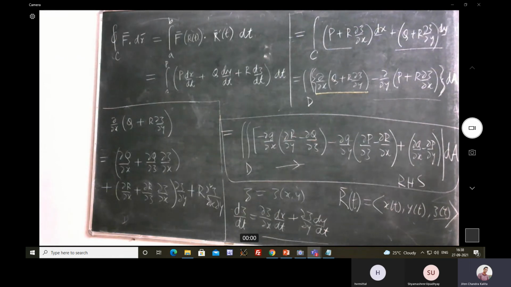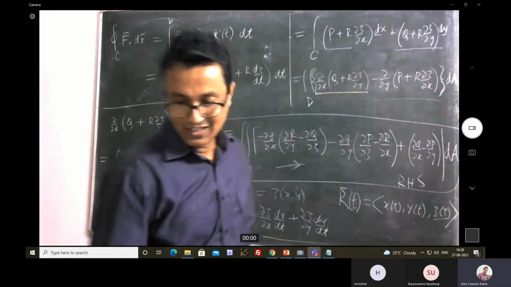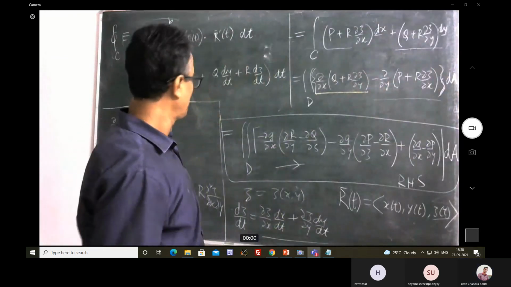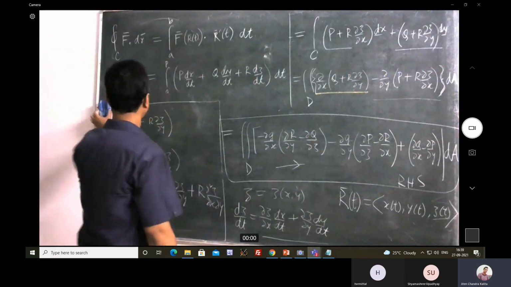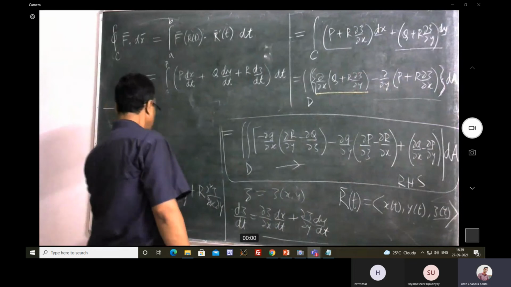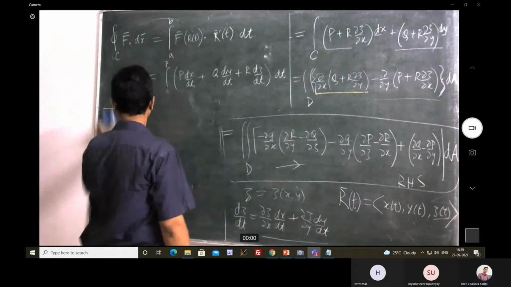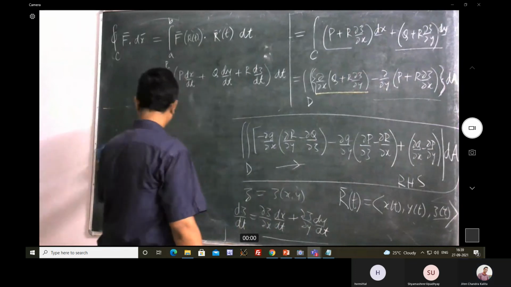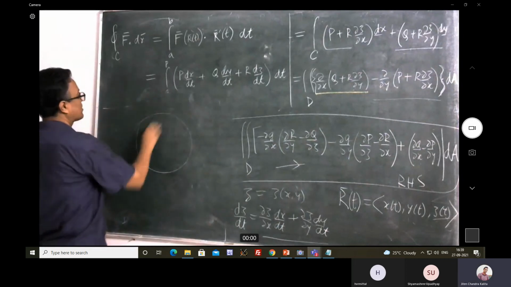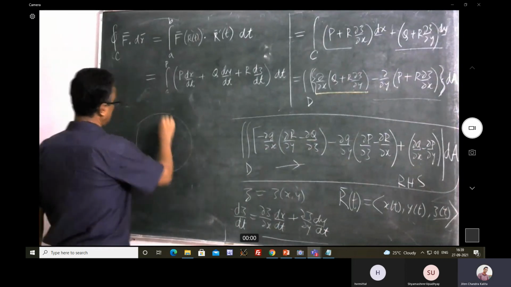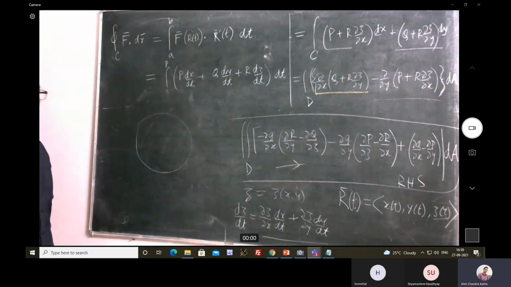And here, one thing, it is very intriguing. Now, whenever you have a closed surface, you have a completely closed surface.